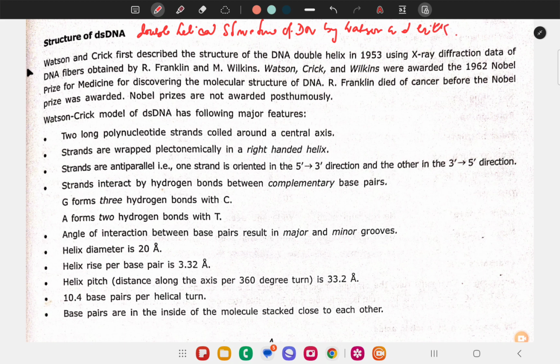So first, let us look. Watson and Crick first described the structure of the DNA double helix in 1953 using the X-ray diffraction data of DNA fibers obtained by Rosalind Franklin and Wilkins.